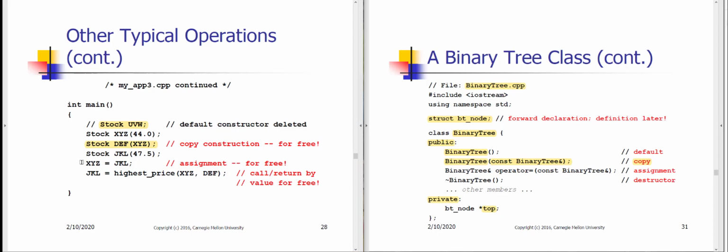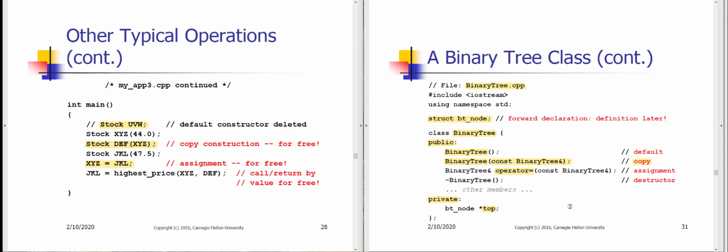Now, on slide 28, we also have an example of assignment where XYZ is a stock object, JKL is a stock object, and we're saying XYZ gets JKL. We do want to be able to do that with binary trees. We want to be able to say tree1 gets tree2. To accomplish that, we need to define what's called an overloaded assignment operator. Okay, we want to be able to use the equal sign to do assignment.